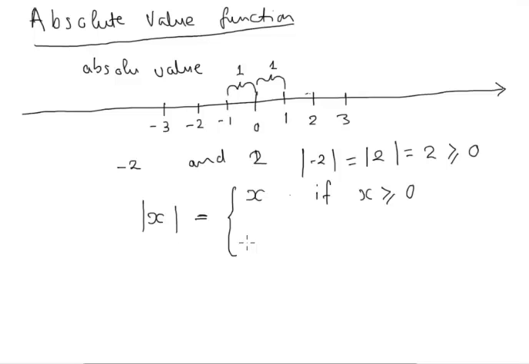I multiply the same number by negative 1. Is it? So that means now we can say the absolute value of x is x when x is non-negative, and it's minus x when x is already less than 0. You will see that this is always going to give you a positive for any value of x. Do you notice that? Okay.